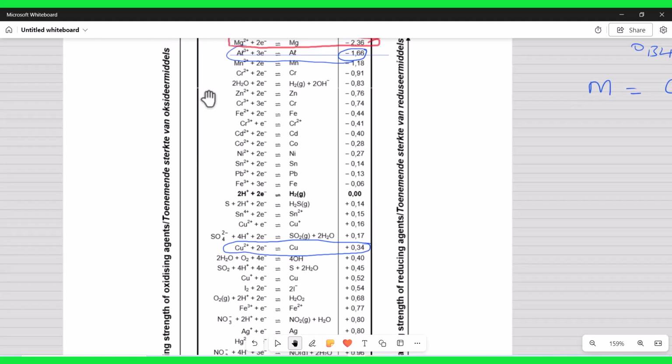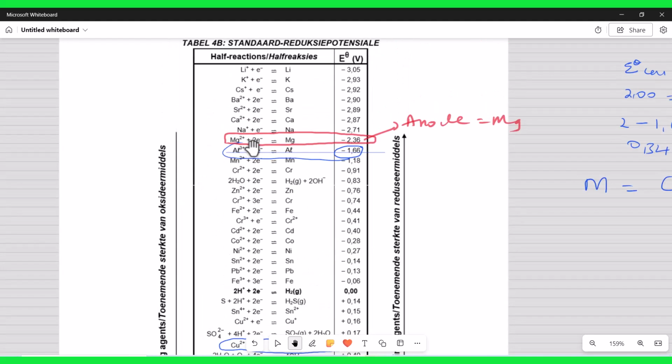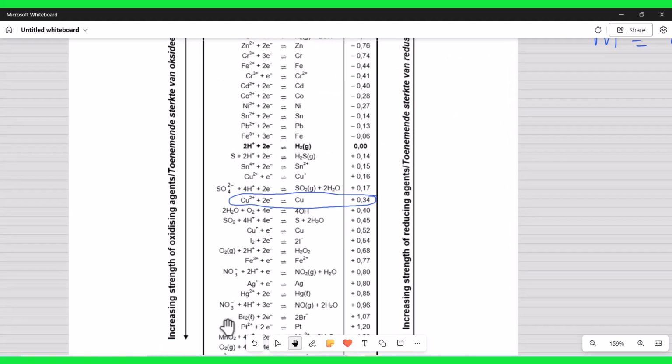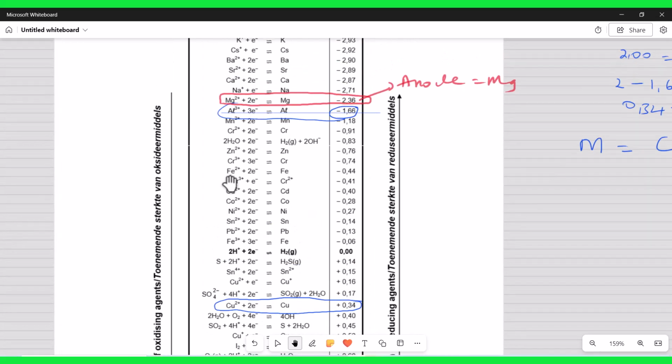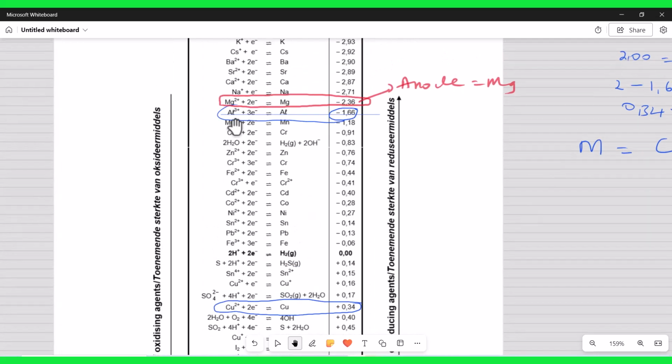Check it out, our arrow is going down. The aluminium 3 ions are more oxidizing than magnesium 2 ions. That's our reason here. We say because aluminium 3 ions are more oxidizing than the magnesium 2 ions.